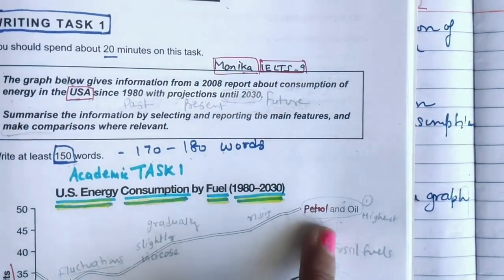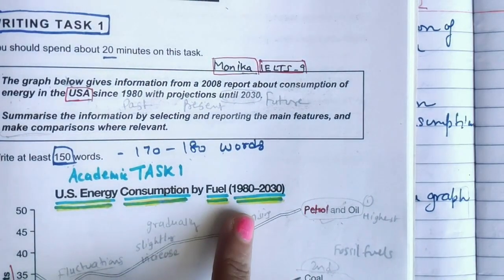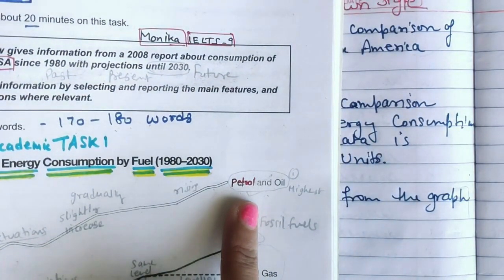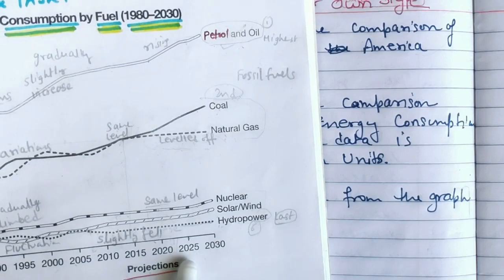This was the highest one, okay, these all are fuels. We will be telling first, second and third at least, first and second at least we should tell, because there are 6 lines.